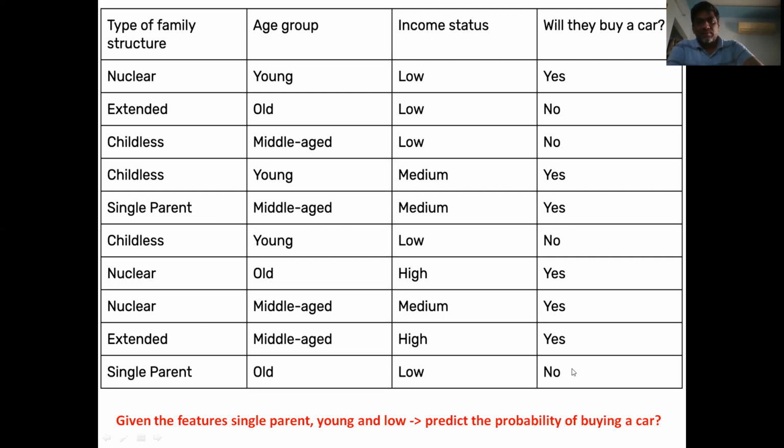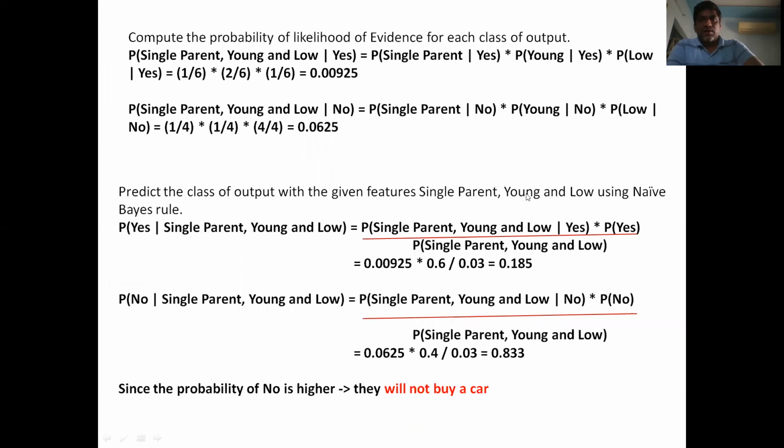The other one is single parent no. Therefore, single parent yes is going to be only one out of 6 yes. Okay, out of 6 yes. So we are calculating for yes here. Therefore, 1 by 6 it is.